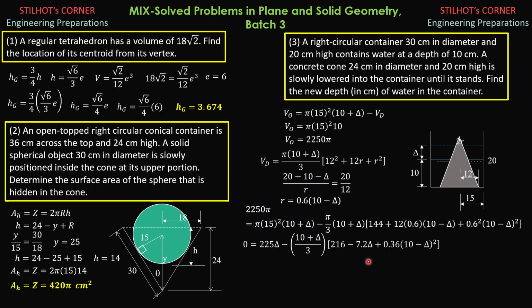So using your high-tech calculator, solving for delta, you just substitute an anticipated value 1 or 0.5, whatever, as long as it is low. So it is 4.16. Then the new depth therefore is 10 plus 4.16, and that is 14.16 cm. So that's it for this video.